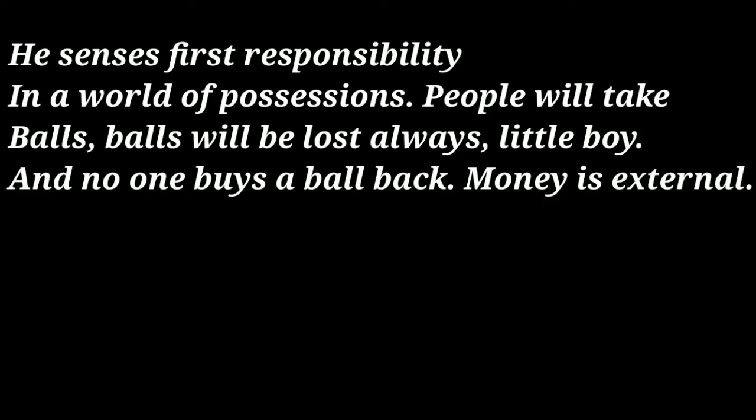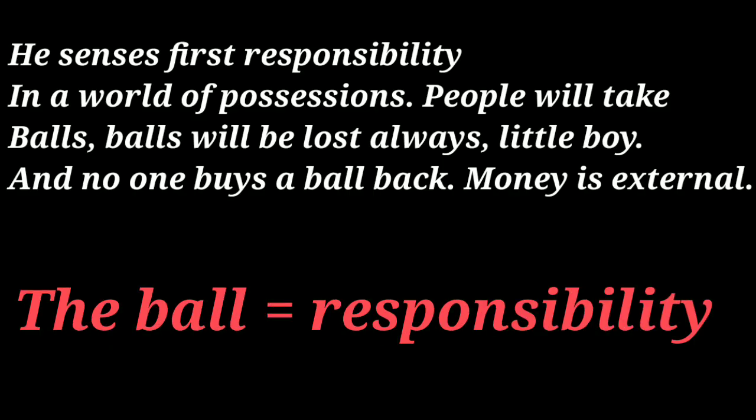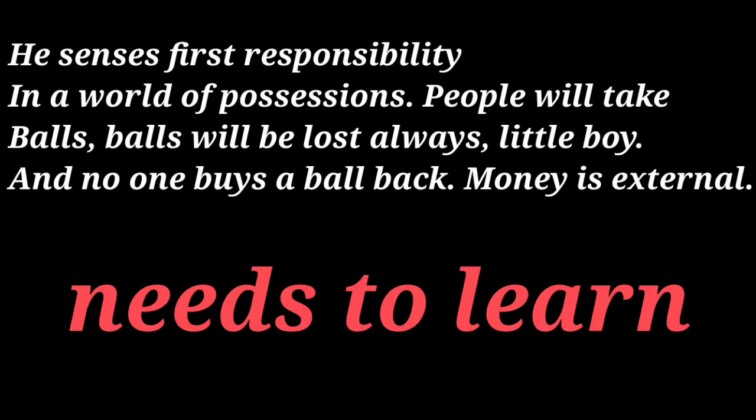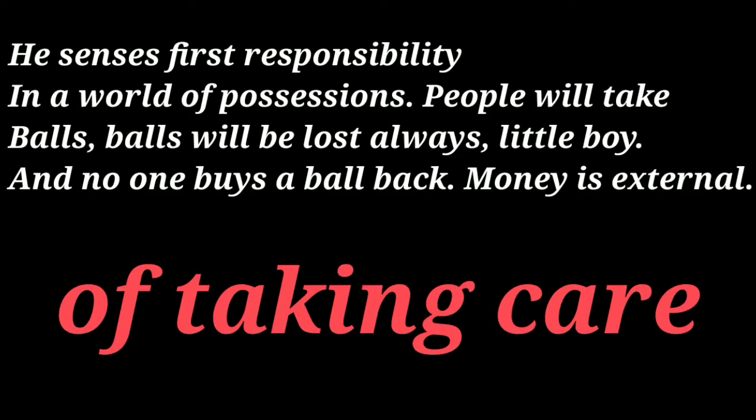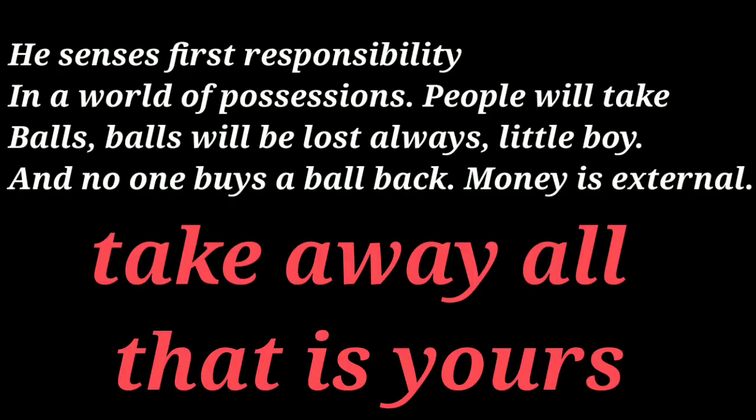In these lines, the poet tells us that the little boy is facing a transformation. He has just realized that the ball was his responsibility and he needs to learn the responsibility of taking care of his things. However, nothing you own will be yours forever. Others will take away all that is yours.